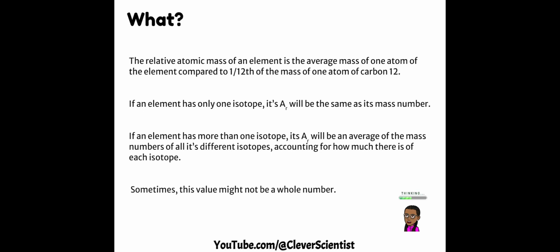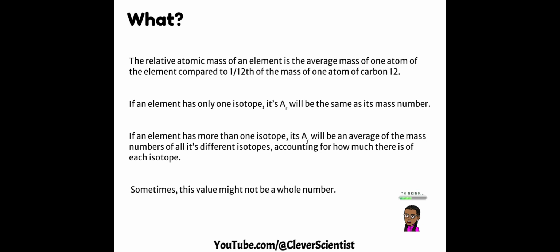If an element has more than one isotope, its relative atomic mass, Ar, will be an average of the mass numbers of all its different isotopes, accounting for how much there is of each isotope. Sometimes this value might not be a whole number.